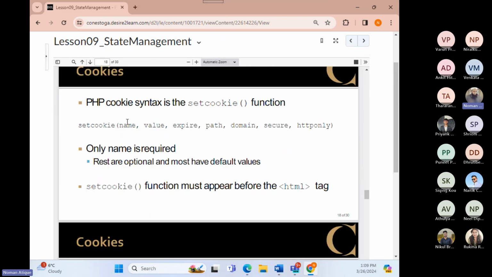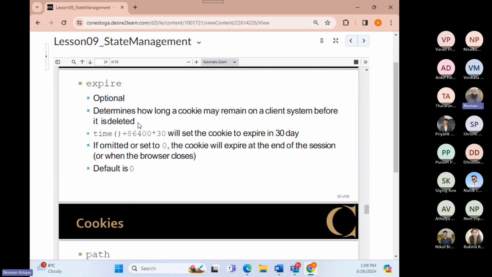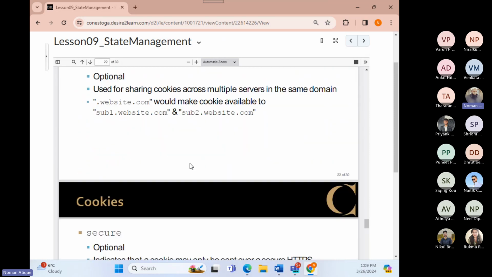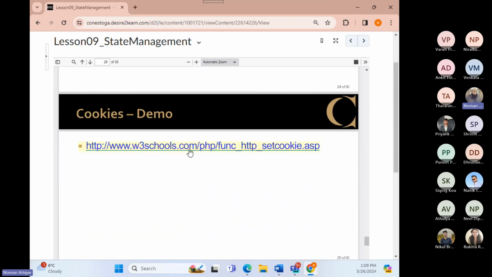Then we saw setcookie used for setting up the cookie, with name and value, expire, where we give the time, and then we can give the path as well, where we want to store the cookies on the client side, sometimes on the server side as well. And after this was the cookie demo on W3Schools.